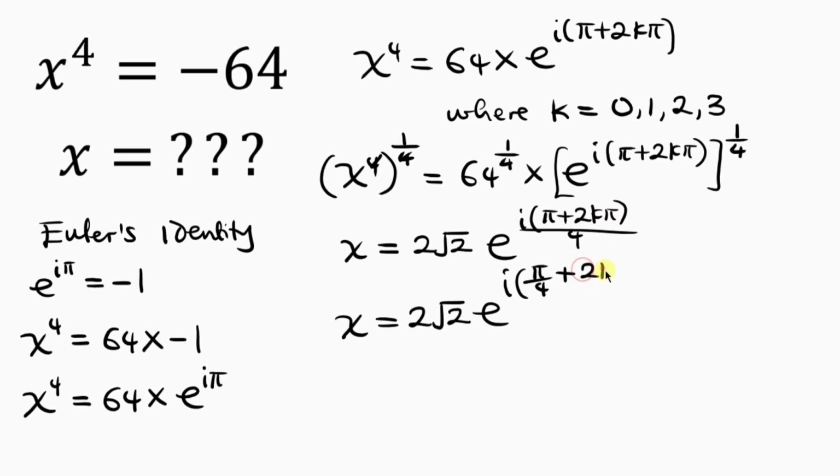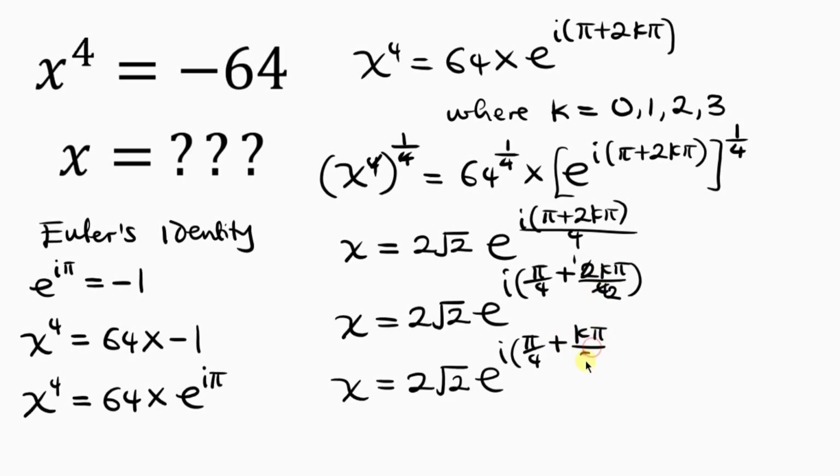This can be simplified into 2 root 2 times e to the i times pi over 4 plus k pi all over 2.